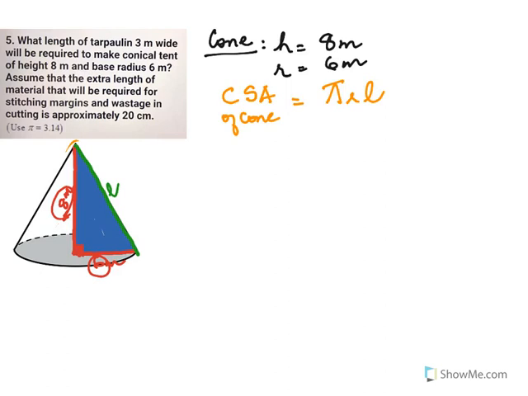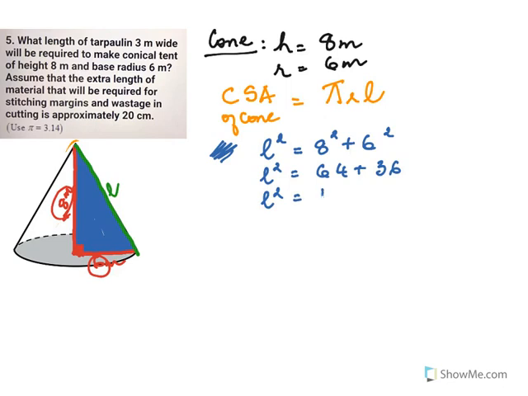So this becomes my hypotenuse. In the blue triangle, I'm going to use Pythagoras theorem. Hypotenuse square, which is L square, equal to 8 square plus 6 square. So my L square will be 64 plus 36, and my L square becomes 100. L becomes under root of 100, and L equal to 10. So I'll mark here my L equal to 10.